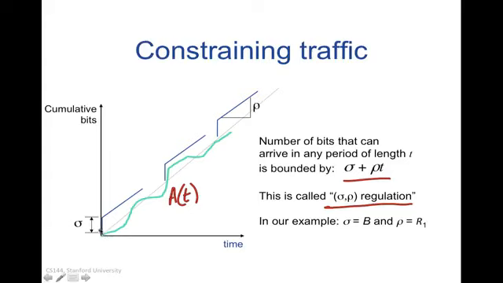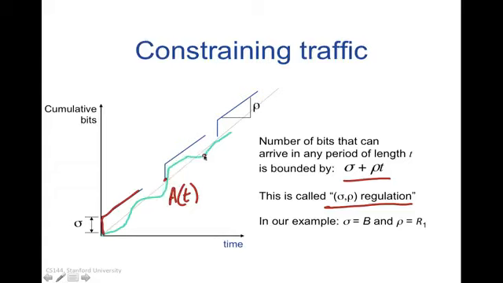We can think of this as, at any time, we can draw that sigma plus rho t by this blue line here. And we could start it at any point, and you can see that it's basically saying that if we touch it down on any point of A of t, the future must lie below that line.